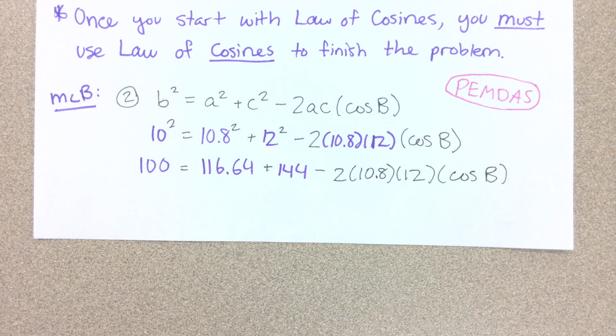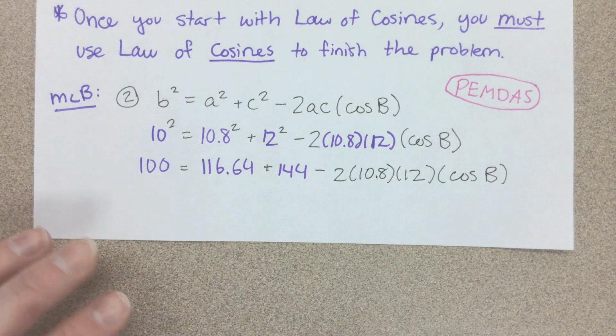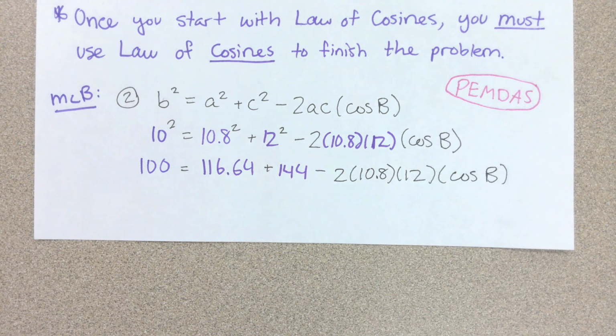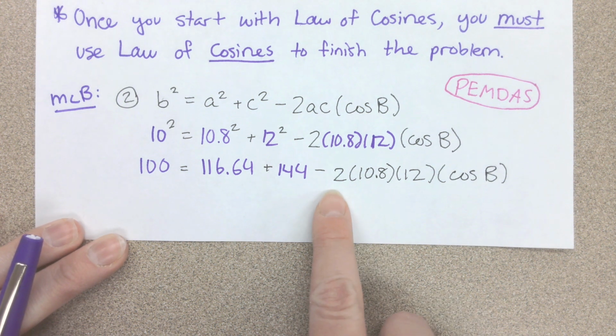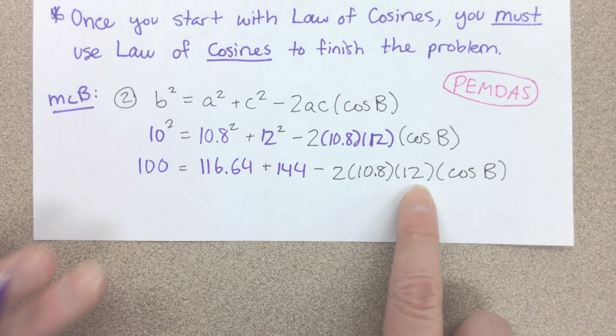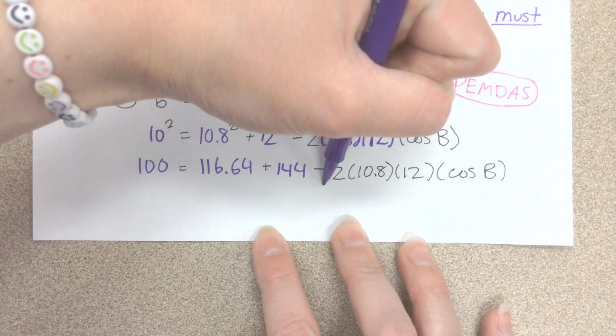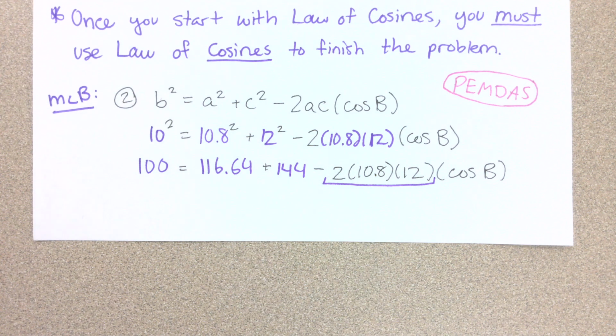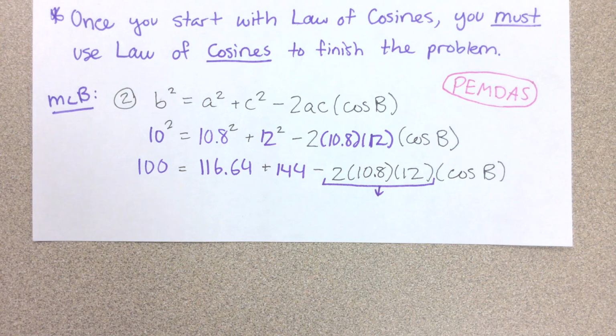Like I said, I'll do one step at a time for this first run through. We've done exponents. Next is multiply or divide, whichever comes first, but we only have multiplication here. Next, we have multiplication in these three numbers here, -2, 10.8, and 12. So I'm going to multiply those together and get that number.